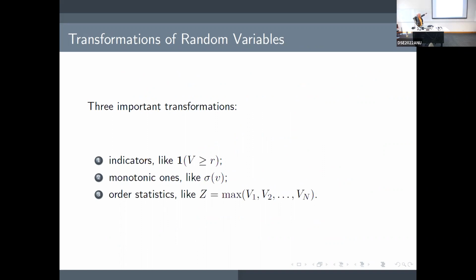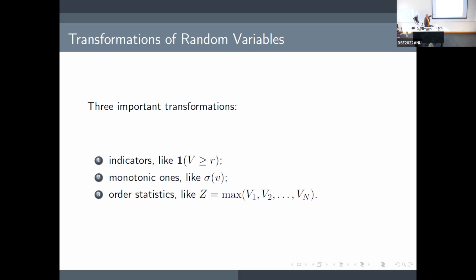The first one is an indicator, like whether a person showed up or didn't. The second one is a monotonic continuous transformation. And the third one is an order statistic.